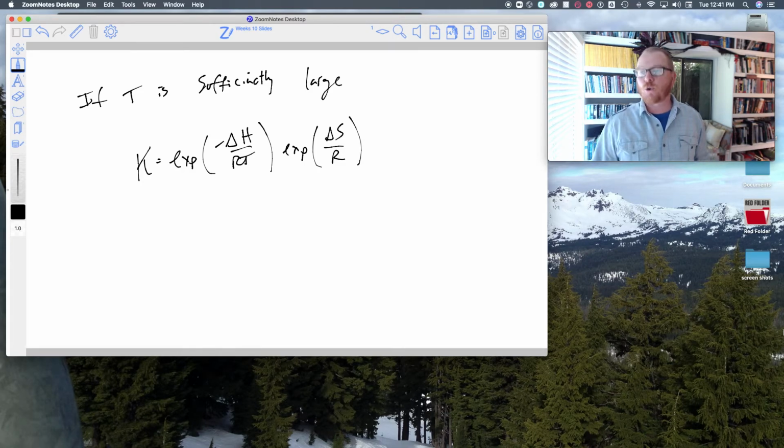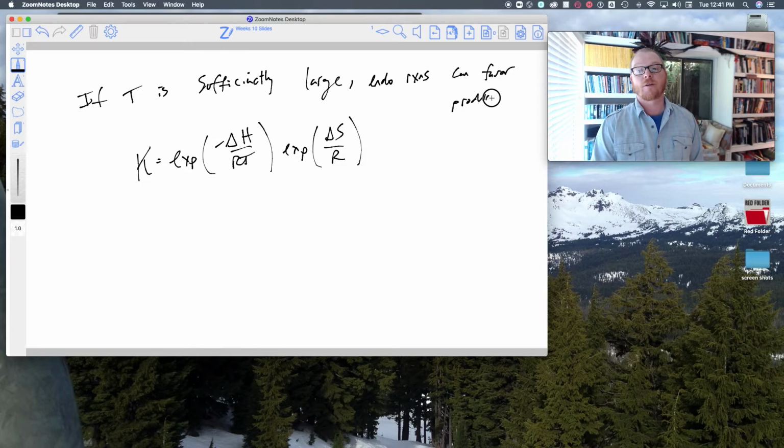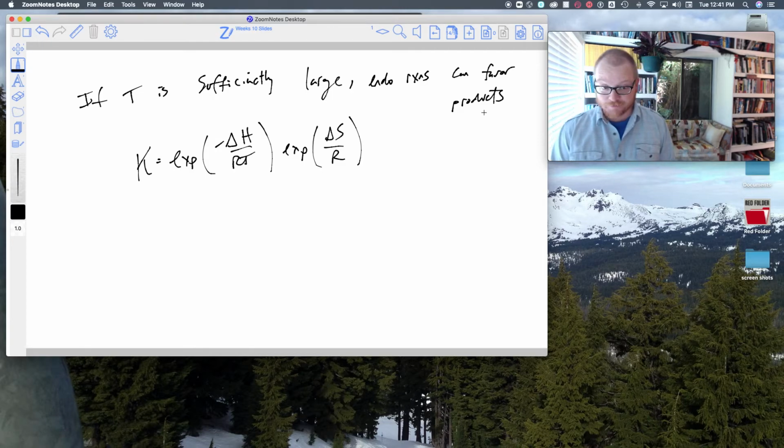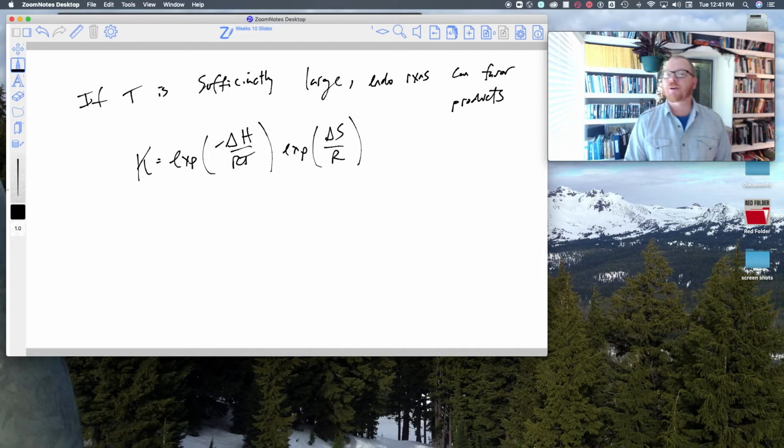So what's also cool about this is, now we'll say if T is sufficiently large, endothermic reactions can favor products. So what about the other case? What about an exothermic reaction?